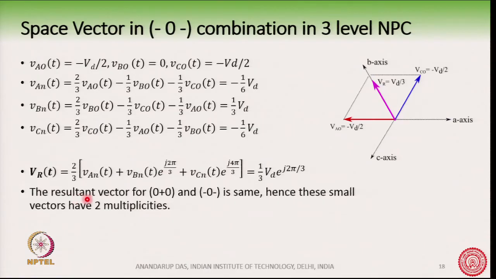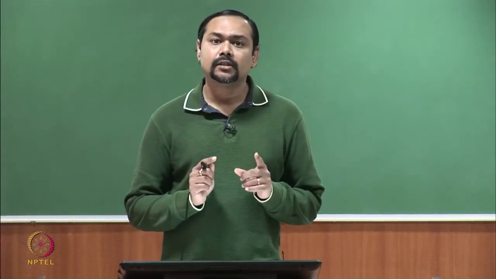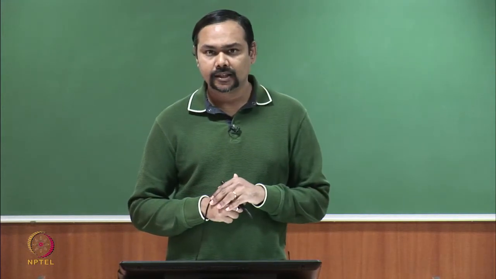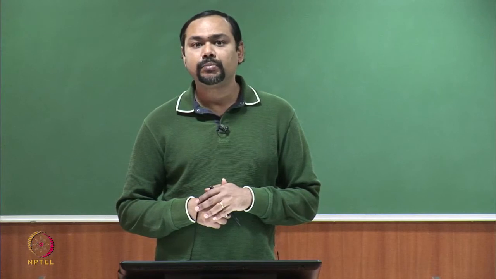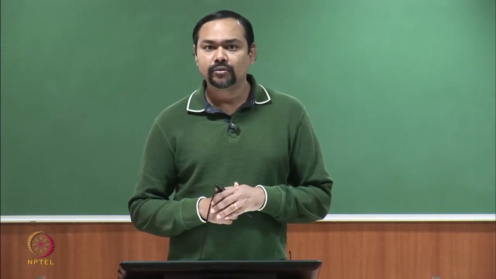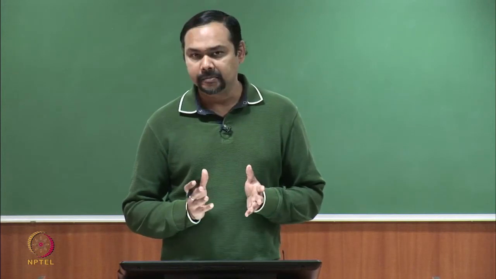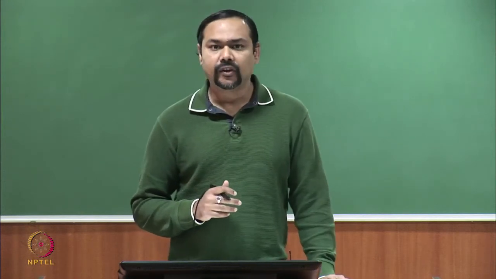Okay. The resultant vector for 0 plus 0 and minus 0 minus is the same. So, this tells us that both these switching combinations produce the same resultant space vector, and so we say that this particular vector, that is 1/3 VD e to the power j 2 pi by 3, is having two switching state multiplicities, because two switching state combinations produce the same vector.